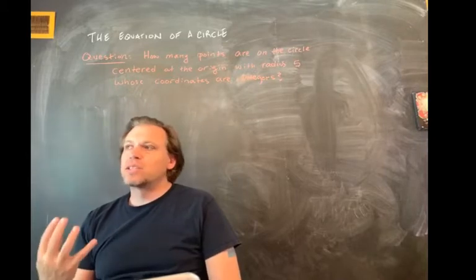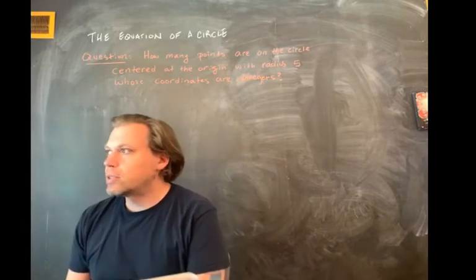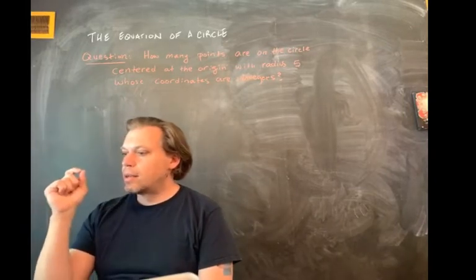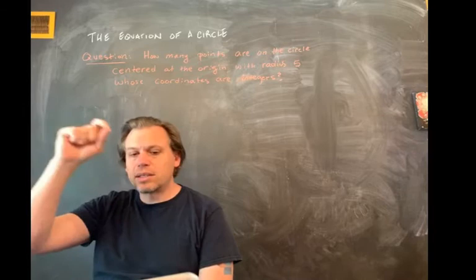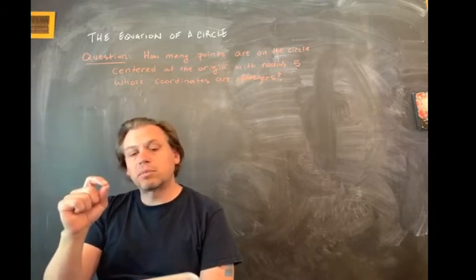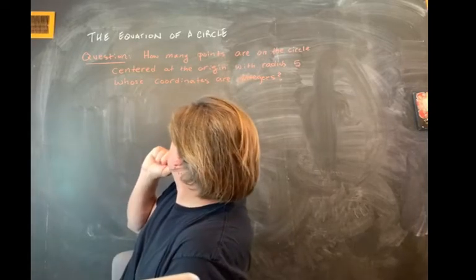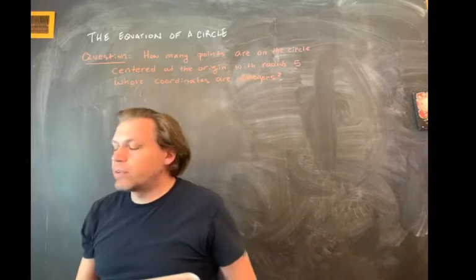So to understand the question, we have to understand what it all means. So first of all, what's a circle? A circle is just the set of all points that are equidistant from a center point. So that's the origin, that's the point 0, 0. And then the radius is 5, so every circle has a radius.